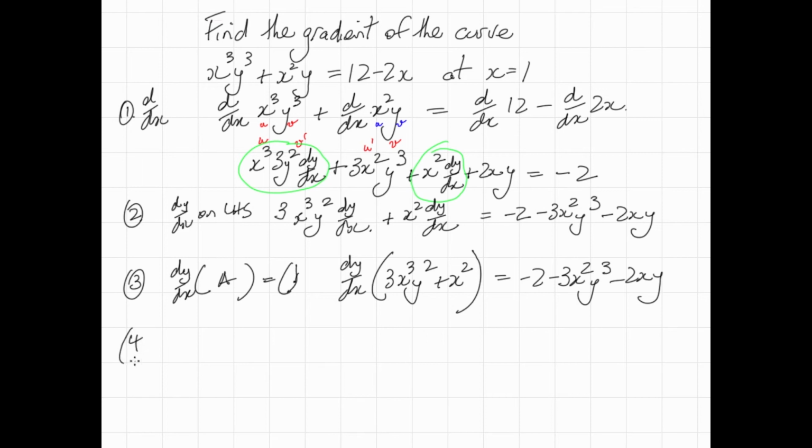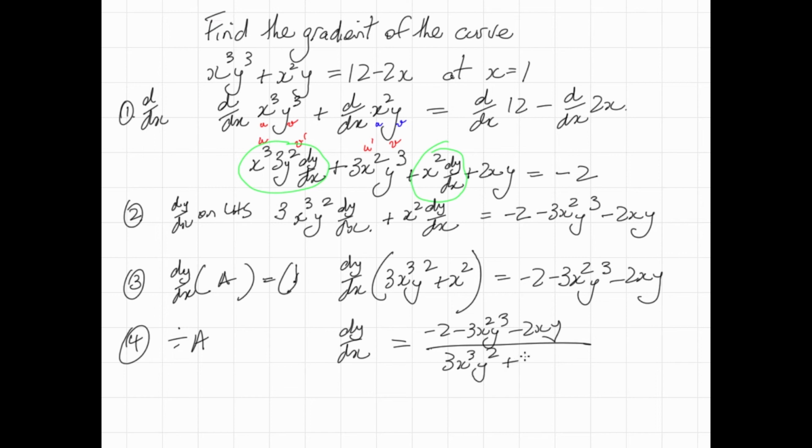And last but by no means least, we divide right through by whatever is in that bracket to get dy/dx by itself. So dy/dx equals negative 2 minus 3x squared y cubed minus 2xy, all over what's in the bracket, 3x cubed y squared plus x squared. So there's my dy/dx.